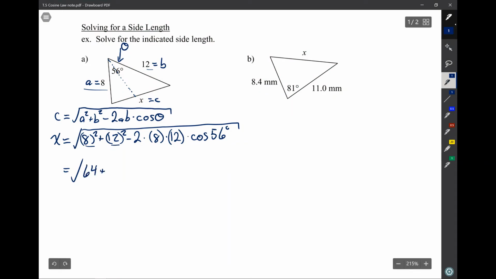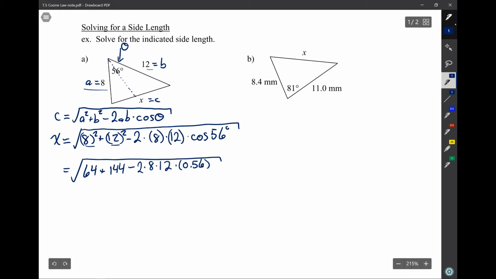Plus 12 squared, I can put that into my calculator, and it is 144, sorry. 144 minus 2 times 8 times 12, and I'm just going to leave those as is for now. 2 times 8 times 12 times the cosine of 56. So let's calculate that now. 56 degrees, the cosine of that is 0.56. Again, all square rooted.